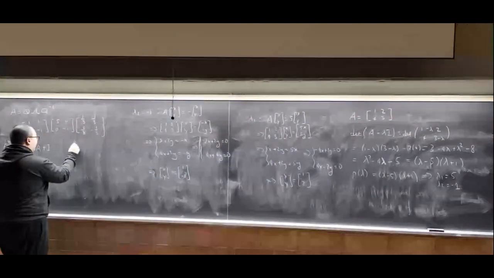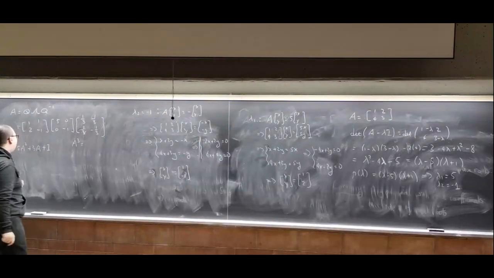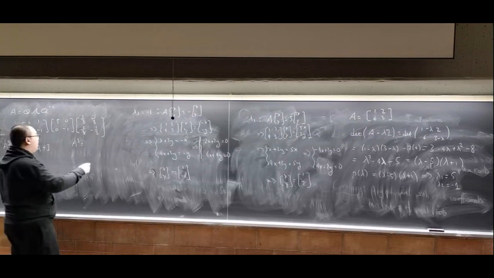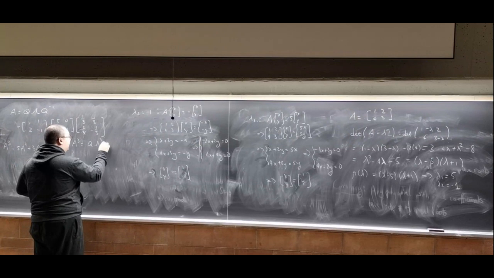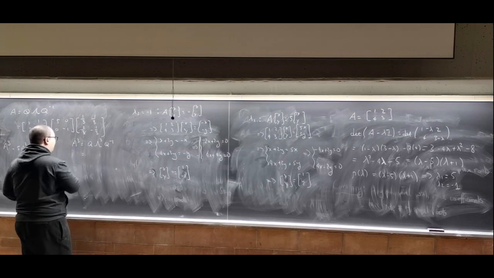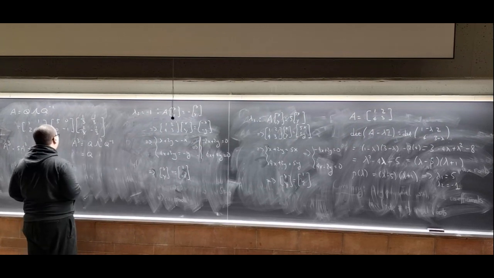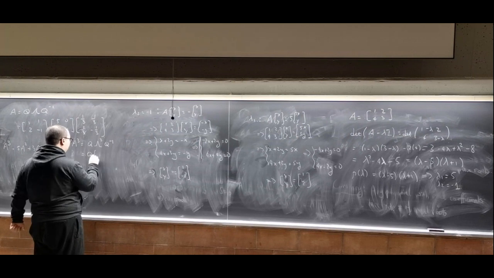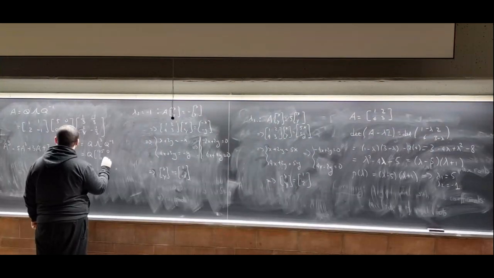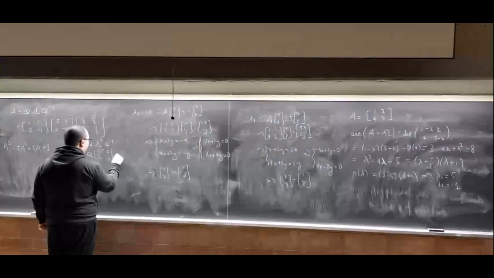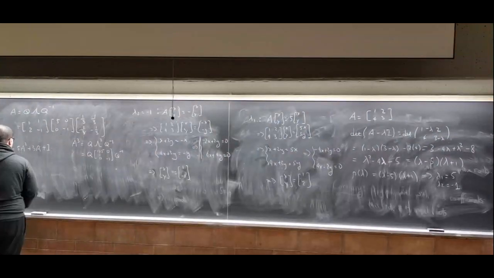Let's look at what A cubed equals. A cubed is just Q lambda cubed Q inverse, which is Q times this cubed, which is 125, 0, 0, minus 1, times Q inverse. So this is A cubed.